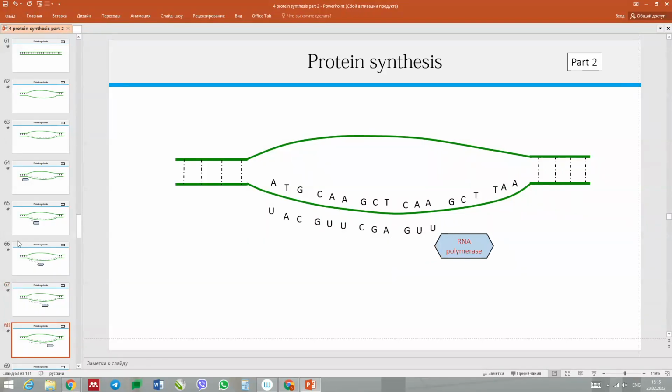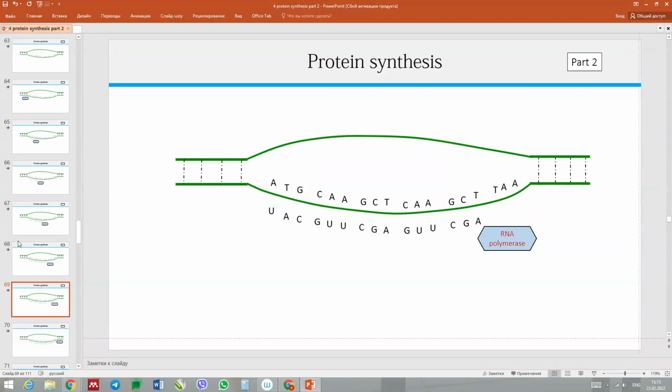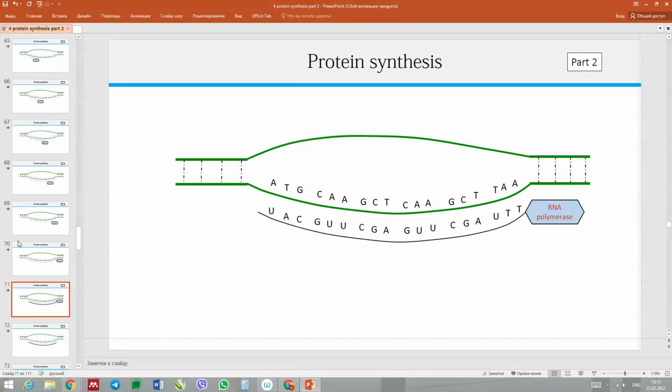You see, with the help of the complementary principle, this enzyme is simply adding new nucleotides to the growing chain of RNA. And at some point this enzyme will stop, and now we have a new, freshly created chain of messenger RNA that was created on the matrix of DNA with the help of the complementary principle.